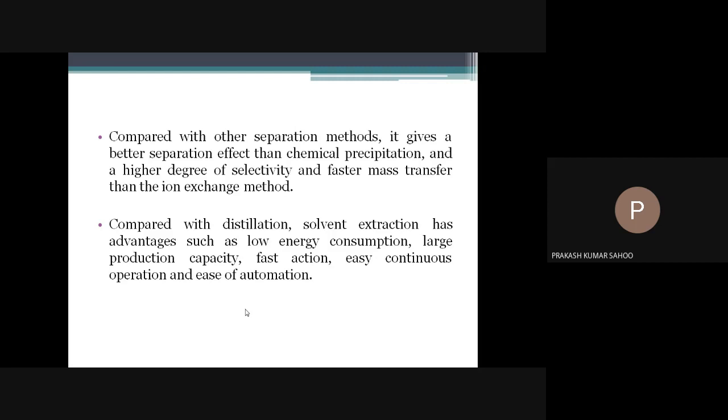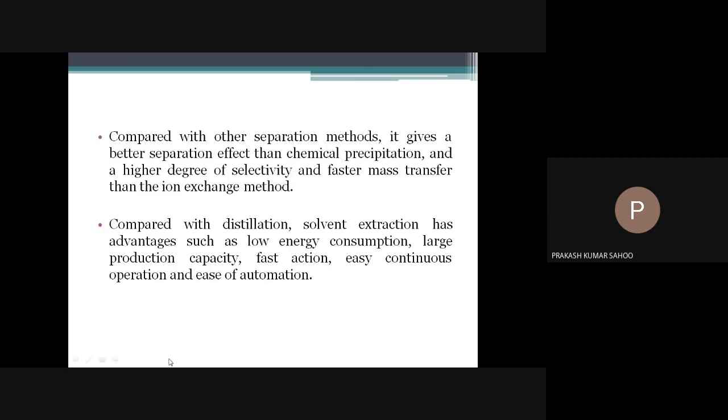With respect to distillation, where external heat energy is required, different apparatuses are required. But in your separating funnel, only one apparatus is required, that is the separating funnel. You will put in your solvents one by one, then mix them by hand, vigorously or smoothly, and after some time the solvents are separated on the basis of their density.